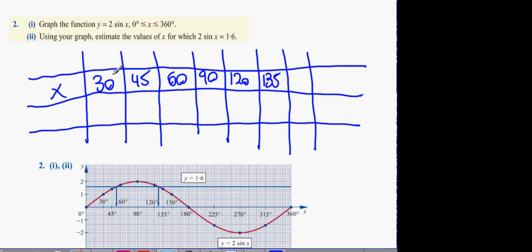Do you see what I'm doing? I'm always doing 30, 45, 60, 30, 45, 60. And then we go for 150, 180. That's only half the graph, lads.